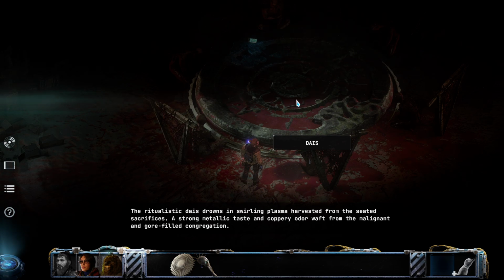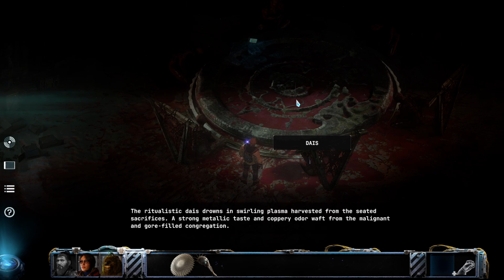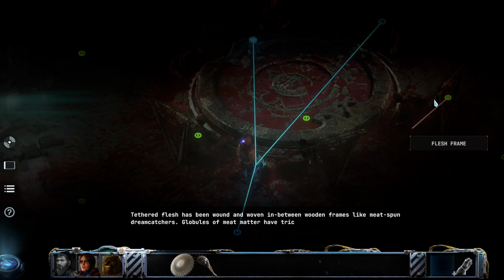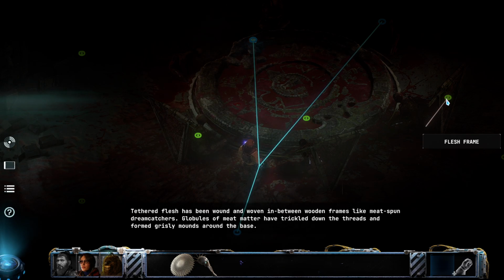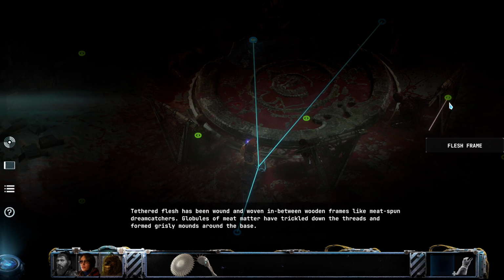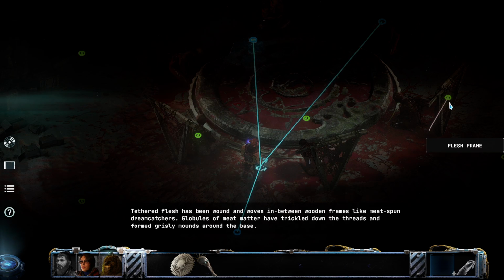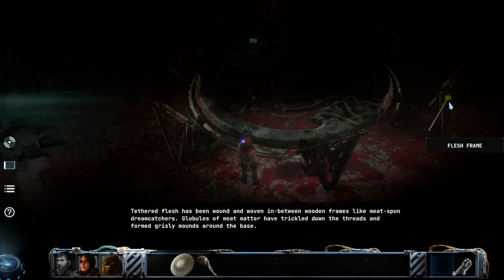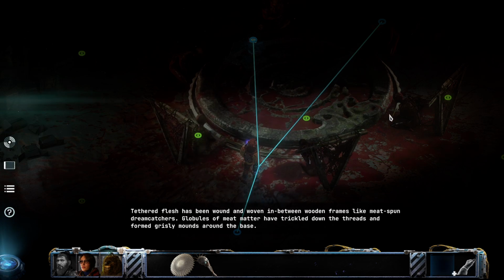A strong metallic taste and coppery odor waft from the malignant and gore-filled congregation. Tethered flesh has been wound and woven in between wooden frames, like meat-spun dream catchers. Globules of meat matter have trickled down the threads and formed grisly mounds around the base. Yeah, gross.